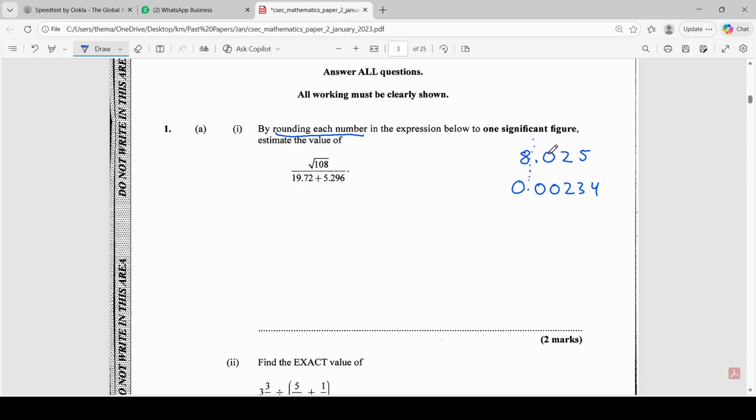If it was 5 or more, then we would add 1 to the 8 to make it 9. So if I wanted this number to 3 significant figures, 1, 2, 3, then we'll draw a line here. This is 5 or more, so we would add 1 to the 2. So in this case, this will become 8.03, right? Okay, so let me see how we could apply that to this question.